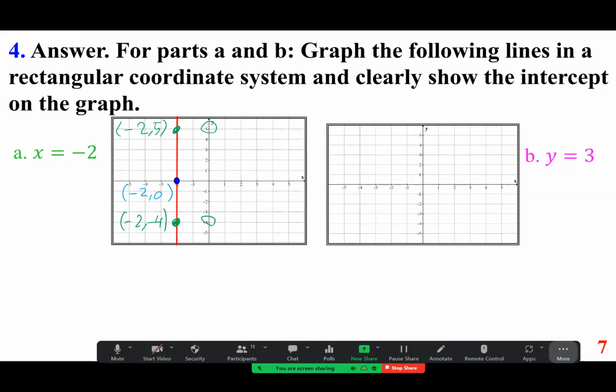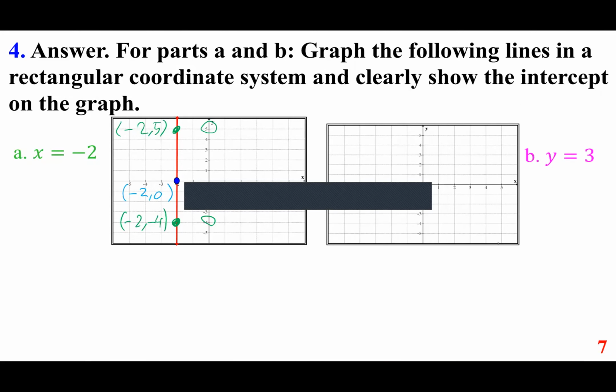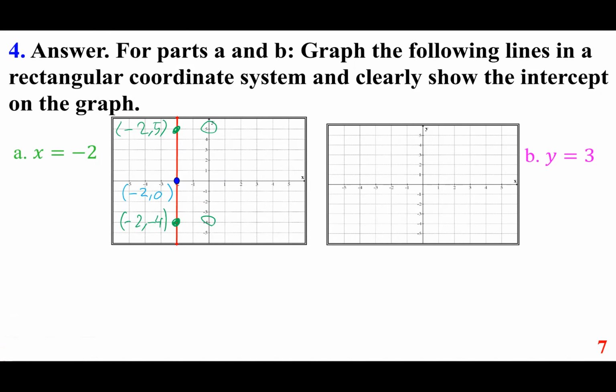On the other hand, if you look at y equals 3, which is a horizontal line, all you have to do is look for the y-intercept, and the y-intercept has coordinates 0, 3, right here.